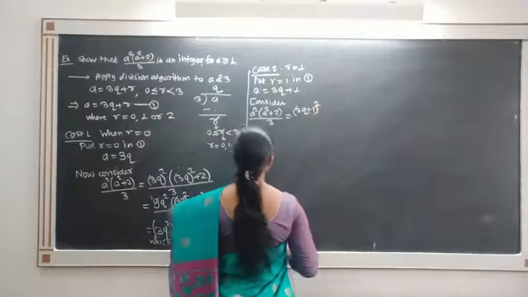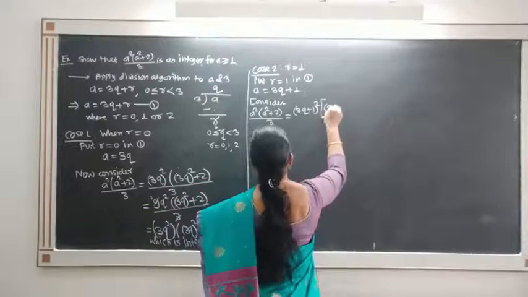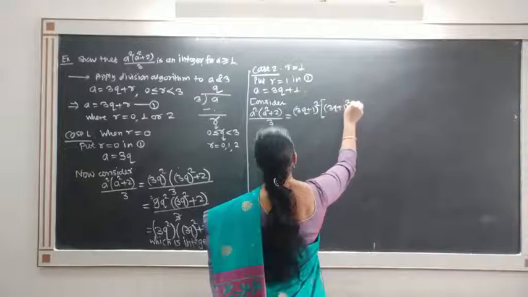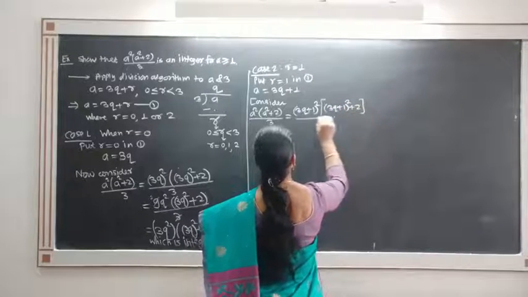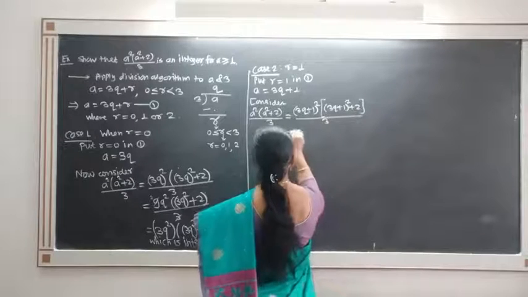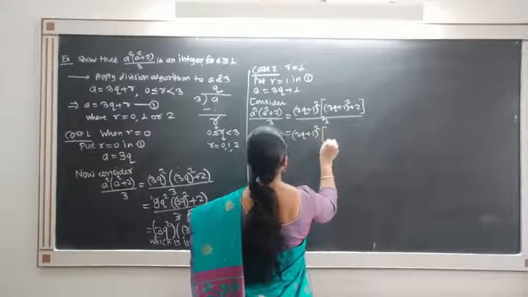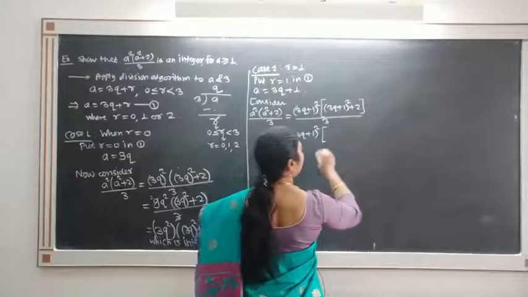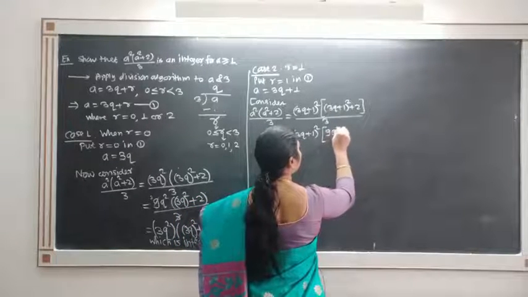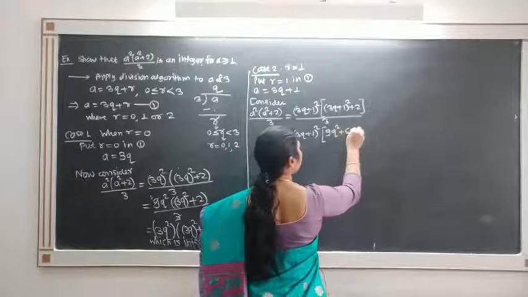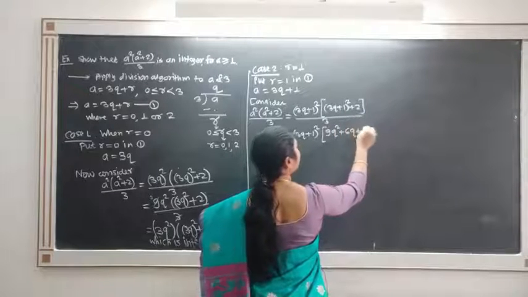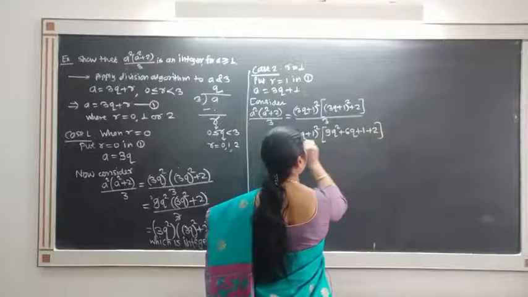So (3q plus 1) square into bracket (3q plus 1) square plus 2 divided by 3. This is (3q plus 1) square as it is. We simplify this bracket. It comes to be 9q square plus 6q plus 1 plus 2, divided by 3.